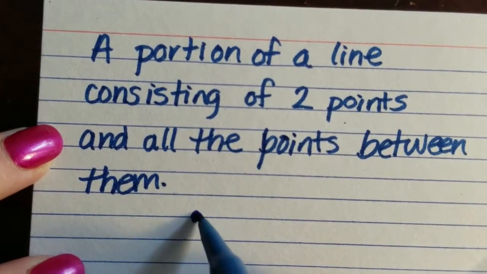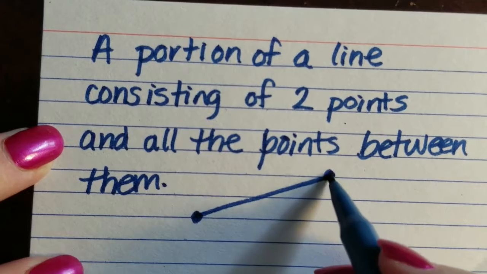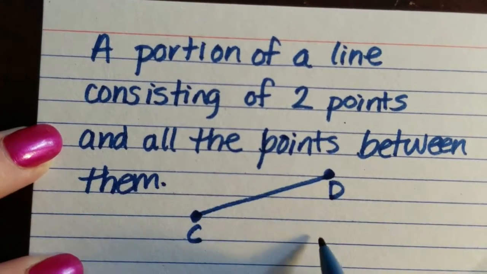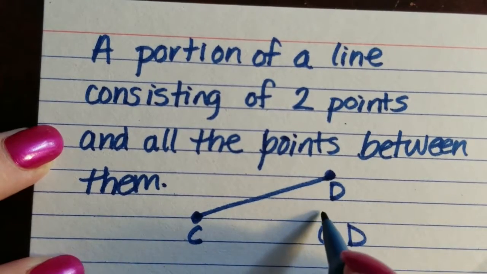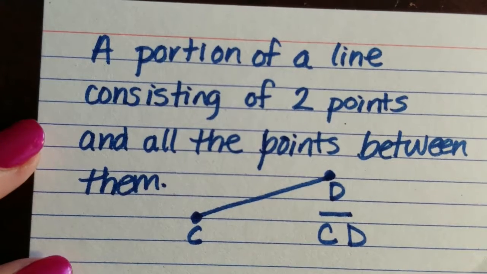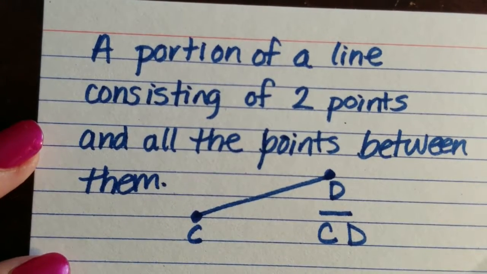So we would draw it with a point and a line to another point. We could call this line segment CD, and we would put a little line above it without arrows to call that line segment CD.